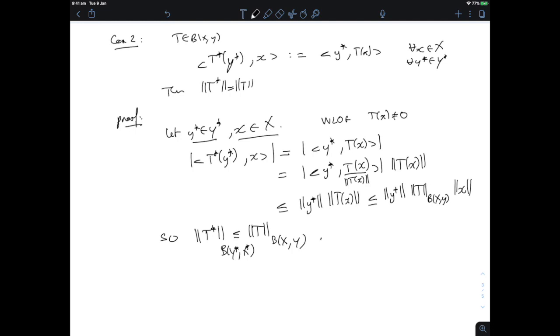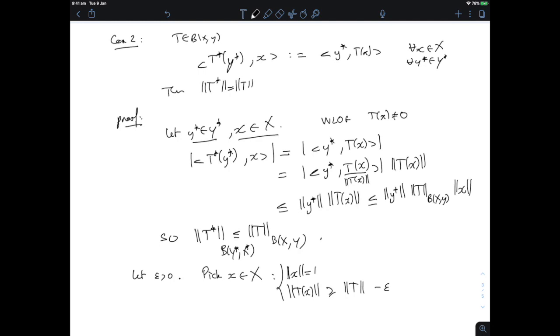Okay, that's good. We need to prove the reverse direction, which is a little harder, but that's where Hahn-Banach will come to the rescue. So for that, let's give ourselves an epsilon, and let's pick an x that almost realizes the norm of T. So I'm going to pick an x that has norm 1, and such that the norm of Tx is almost the norm of T. And by almost, I mean up to this epsilon.